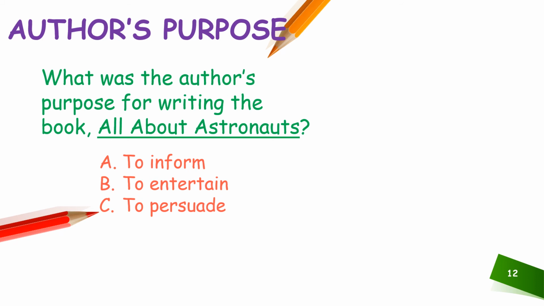Was it A, to inform, B, to entertain, C, to persuade? Great. Yes, the answer was to inform, to teach us something about astronauts and how they become astronauts. Good job.